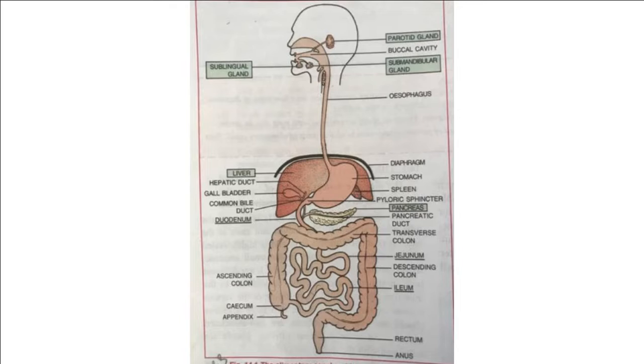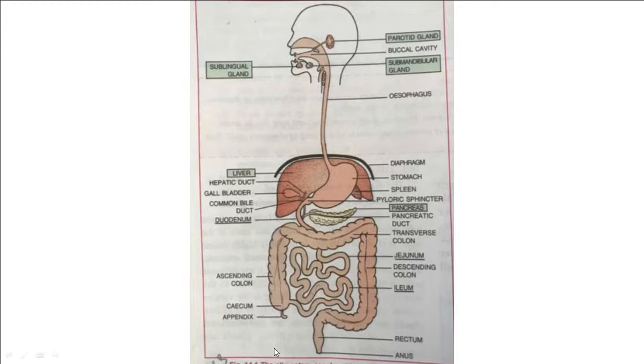So, in the small intestine, we have duodenum, jejunum and ileum. These three parts belong to the small intestine.